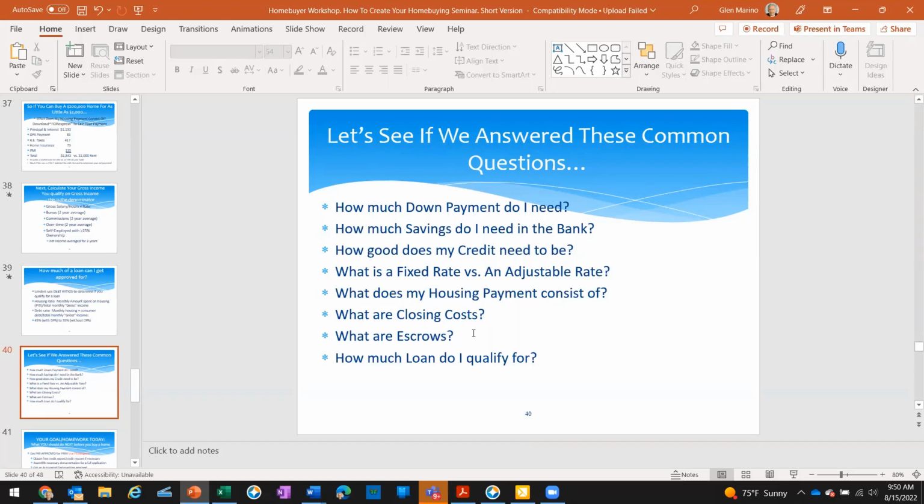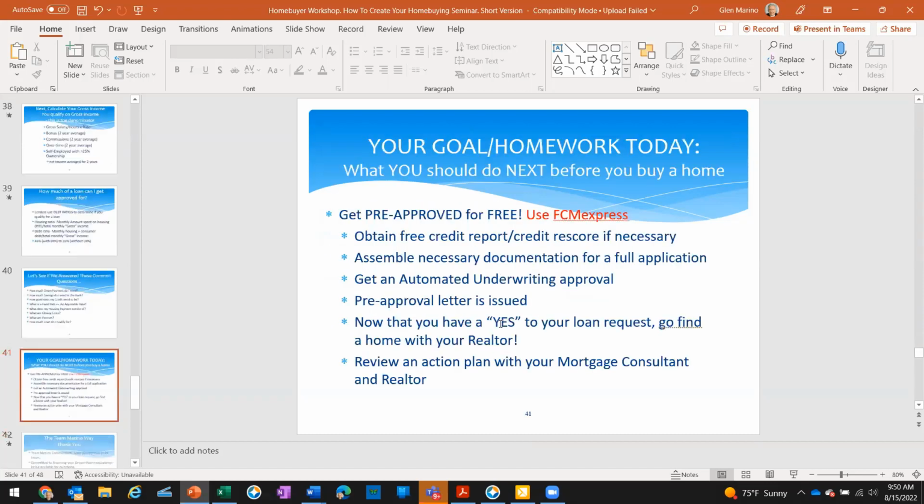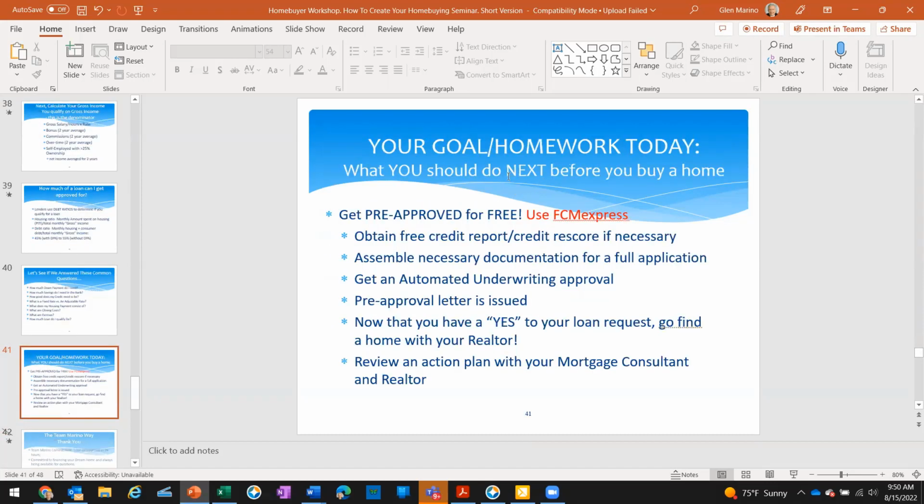They'll stretch that debt ratio to 45% or to 55%, depending upon the loan program you're looking for. So your goal, your homework today, is to get yourself pre-approved for free. Go to your app store, go to your Play Store and download FCM Express. Get yourself a free credit report.